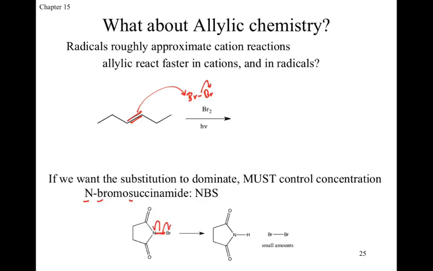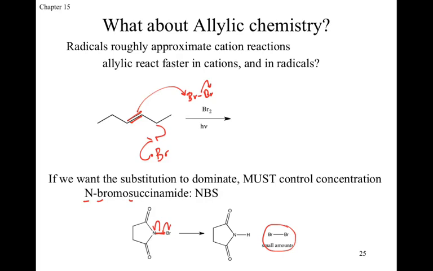With light or heat, we see homolytic cleavage of that bond, which will generate the bromine radical. That bromine radical can combine with another bromine radical and form Br2 in small amounts, or it can react as a bromine radical would typically, in our standard radical mechanism.